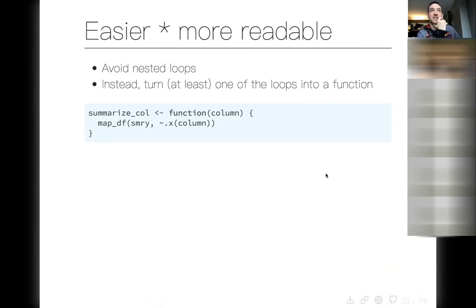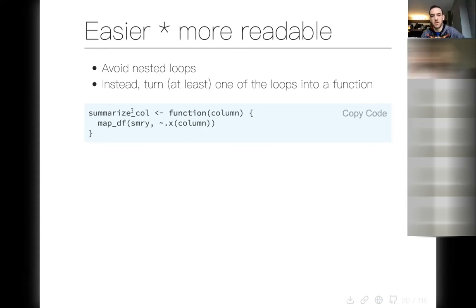Nested loops are fine computationally. There's nothing wrong with them. In fact, your computer does nested loops all the time. But in terms of readability, they're very regularly hard to parse through. It's hard to figure out what's going on there. So it's much better to abstract away one of those loops into a function.